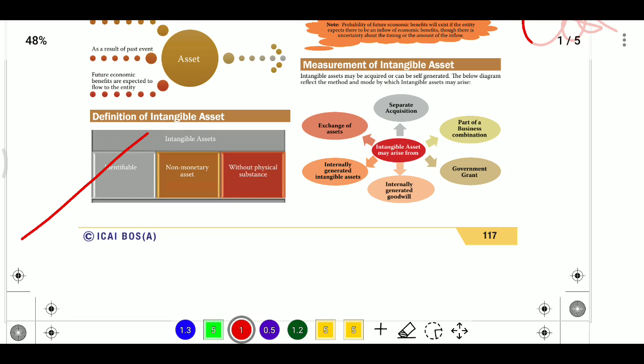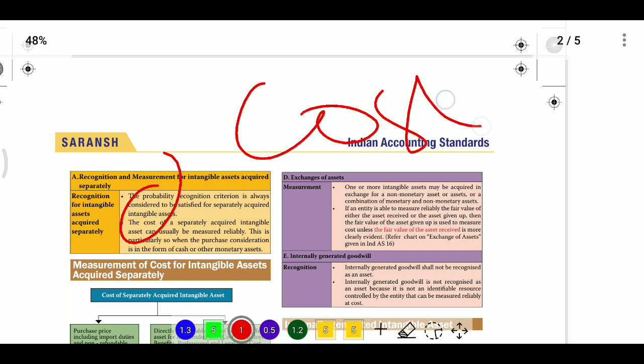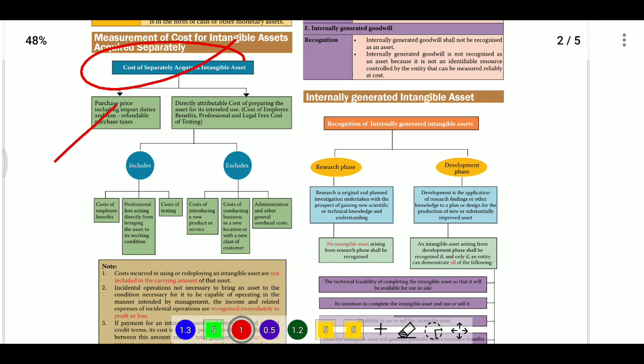Definition of intangible asset: identifiable, non-monetary, without physical substance. It does not have physical substance. Now we recognize it at cost. The cost includes the acquired amount, the purchase price, including whatever amounts we need to add, and we need to deduct items like trade discounts.